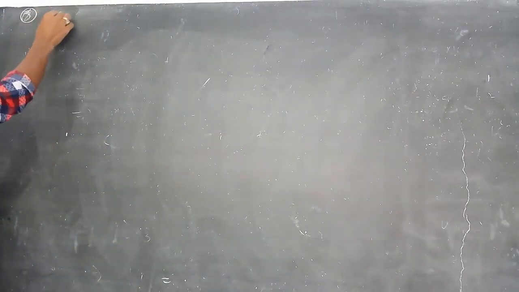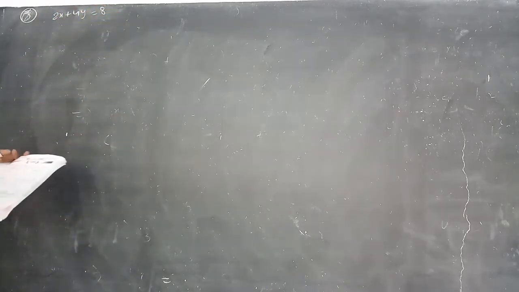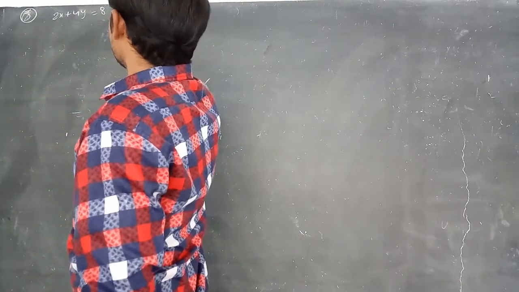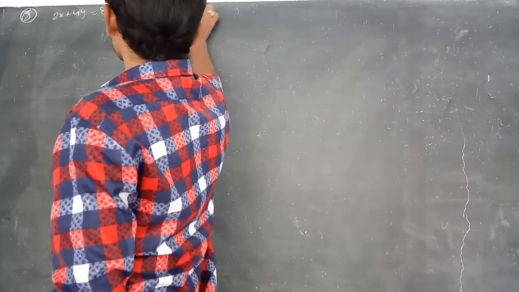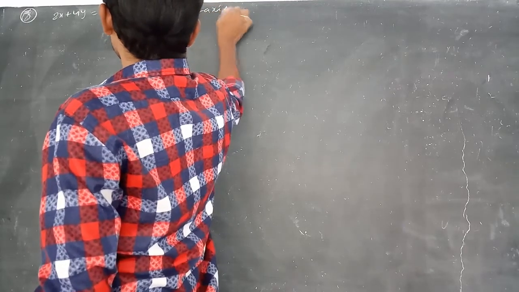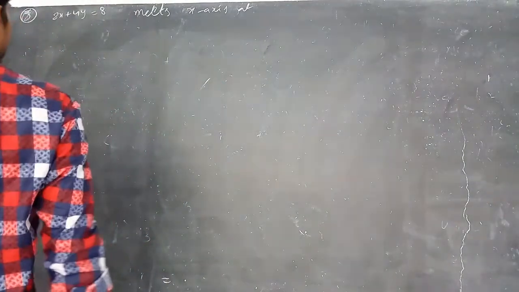Then eighth one, 2x plus 4y equal to 8 meets the x-axis at... x-intercept and y-intercept.